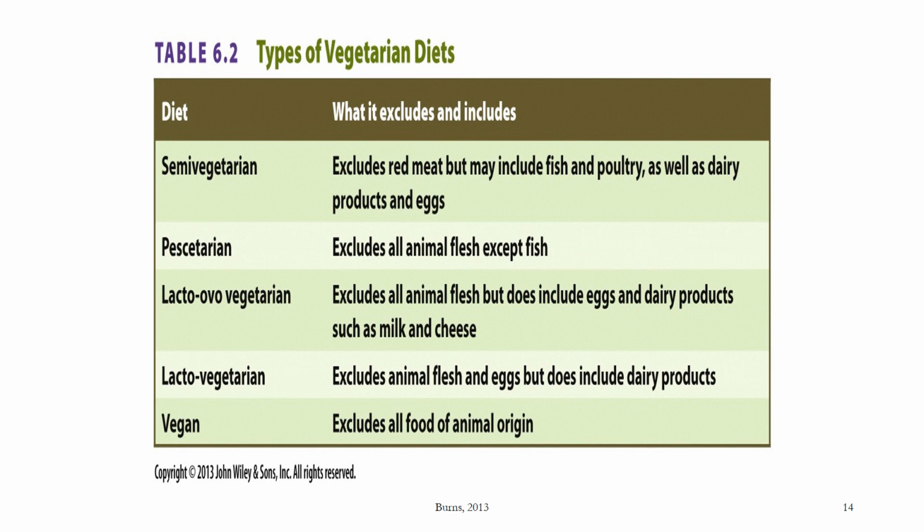Vegetarian diets are diets that include plant-based foods and eliminate some or all foods of animal origin. There are several types of vegetarian diets. Why do you think someone would choose to follow a vegetarian diet?